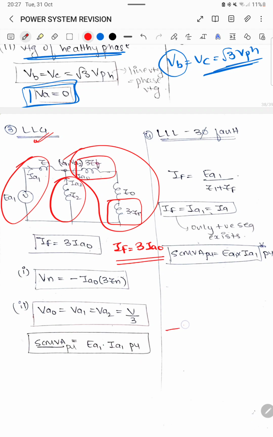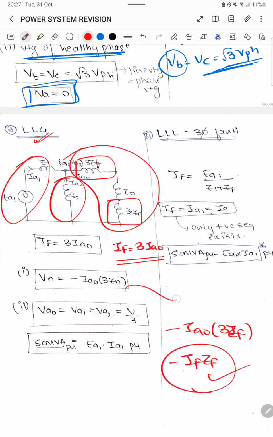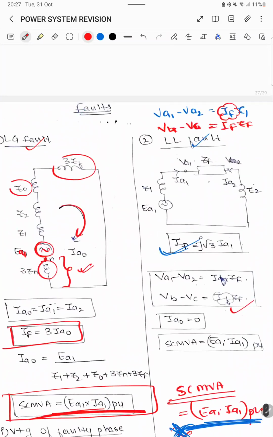So that will become minus IA0 into 3ZF. That comes out to be minus IF ZF. Okay. And also an important thing is VA0 equals VA1 equals VA2, which is nothing but V by 3. Fine, with this we can conclude this chapter.